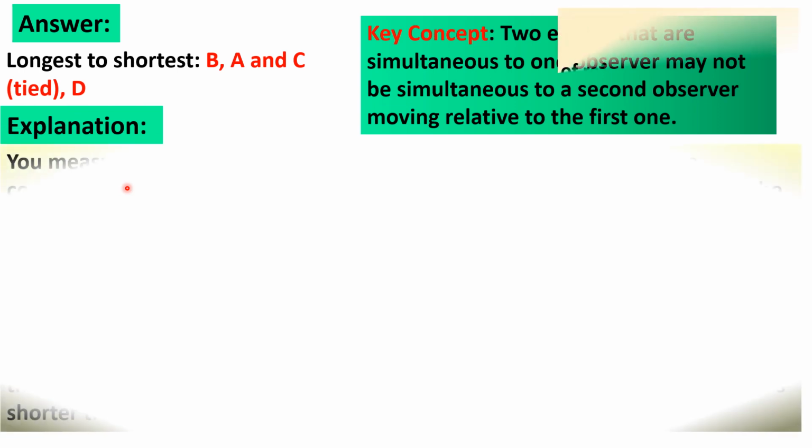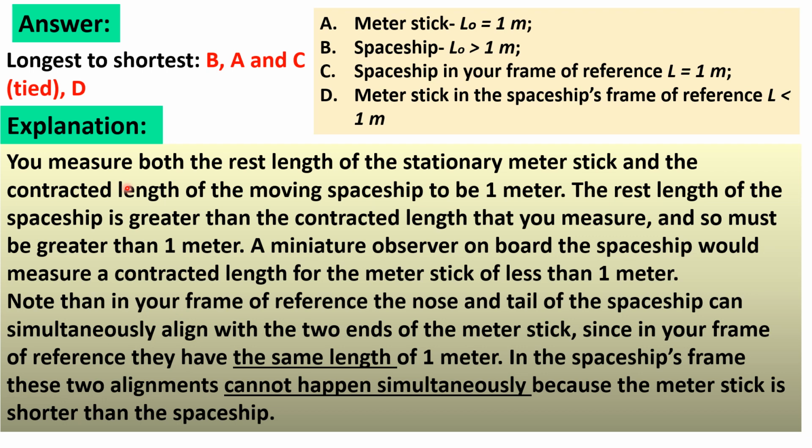So for our explanation, we converted the statements in the options. For letter A, what was meant was that the meter stick has a rest length equal to 1 meter. For option B, we have the rest length, or the proper length of the spaceship, to be greater than 1 meter.